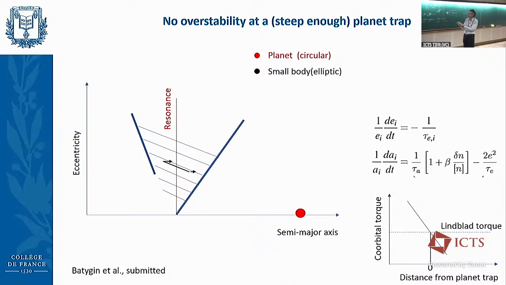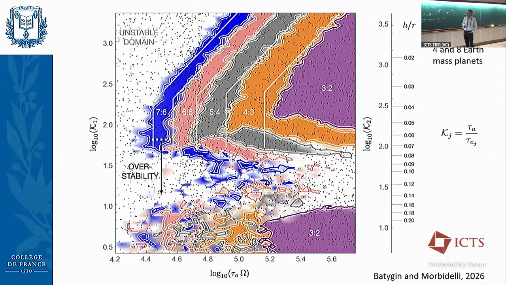And so we have this positive term that becomes strong, that does not exist on the other side of the trap. And so now this vector can win over this other one and lead to a libration shrink rather than libration expansion. So overstability at the trap, provided that the trap is steep enough, so beta is big enough, is also quenched. This is the paper that we have in the lunch.